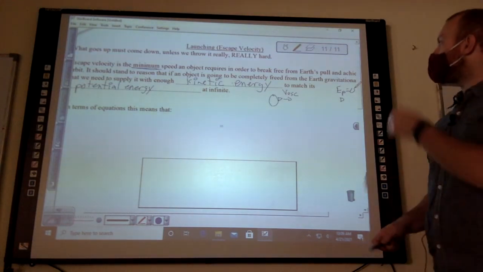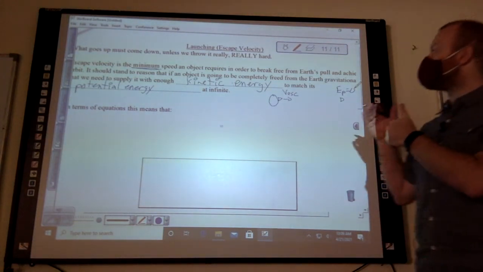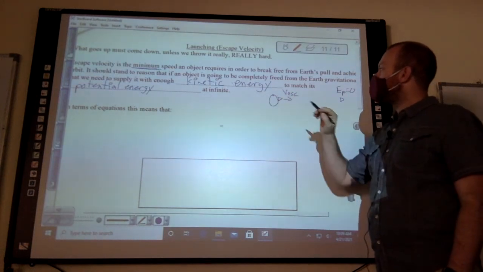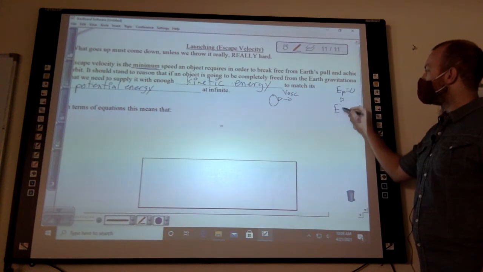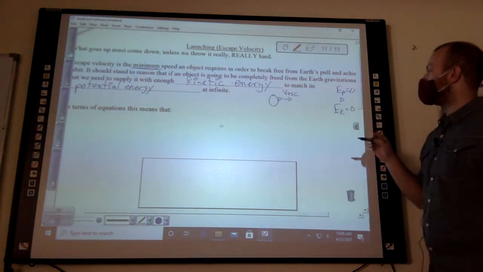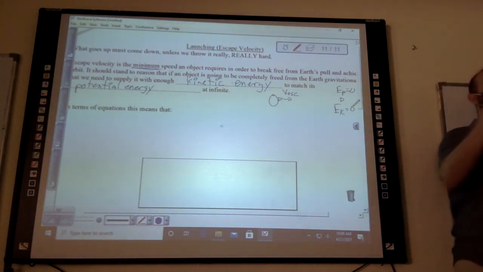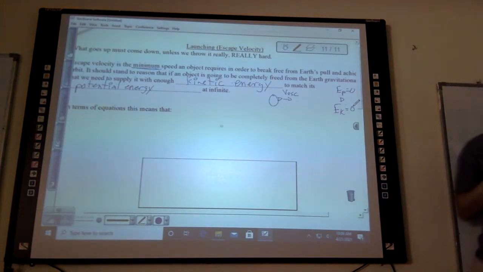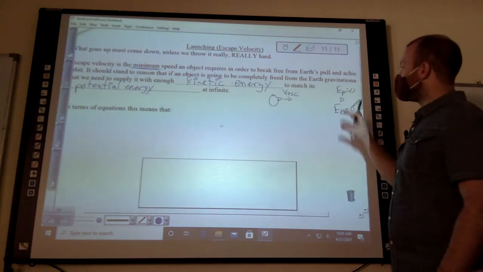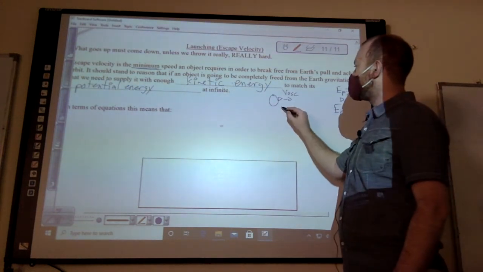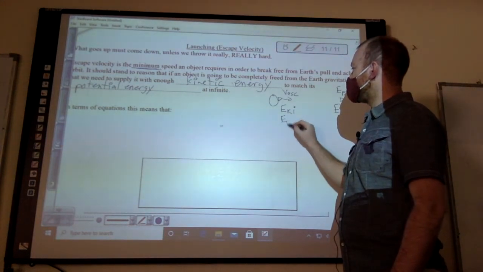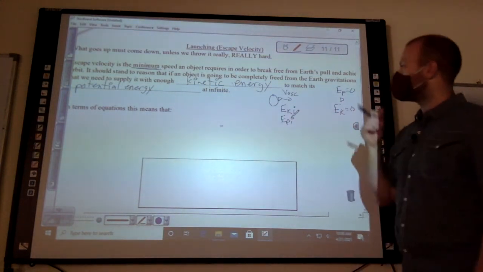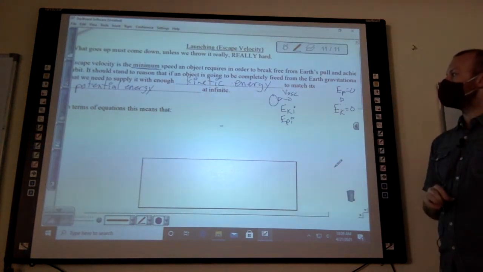In this case, if we want the minimum, we give it just enough kinetic energy so that it reaches this point and our kinetic energy is 0. If it's going to be the minimum, it's just going to reach that edge point and come to a stop. So we know what the end positions are, we just don't know what EK initial is. We don't know what EP initial is. Depending on the planet, we can figure those out. But this is what we need to deal with.